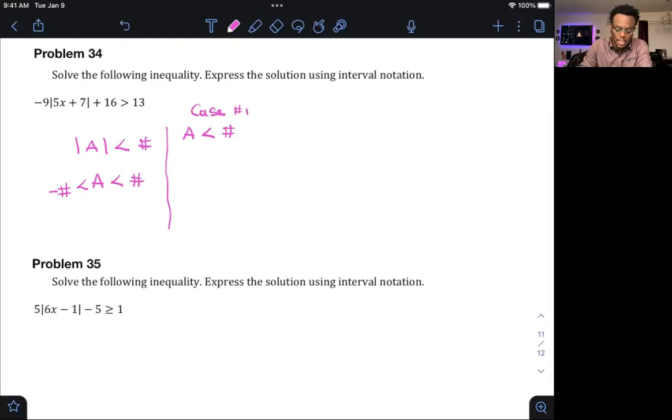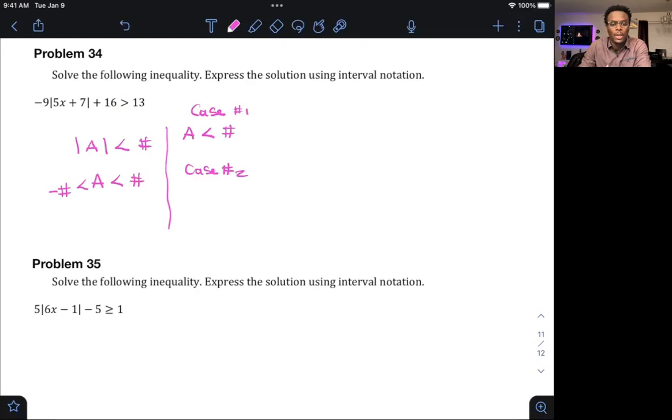And then the second case, case number 2, is the case where you drop the absolute value, you swap the inequality, and you change the sign of the number on the other side. Let me say that again. Drop the absolute value, flip the inequality, and change the sign of the number.